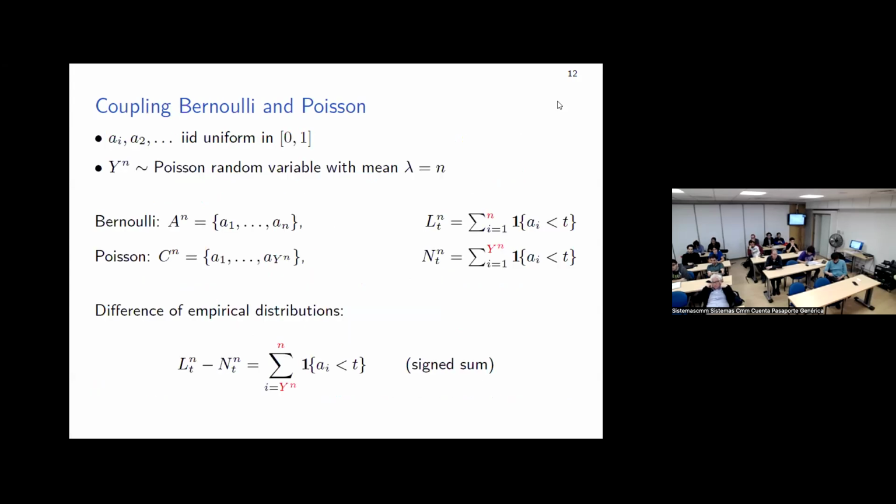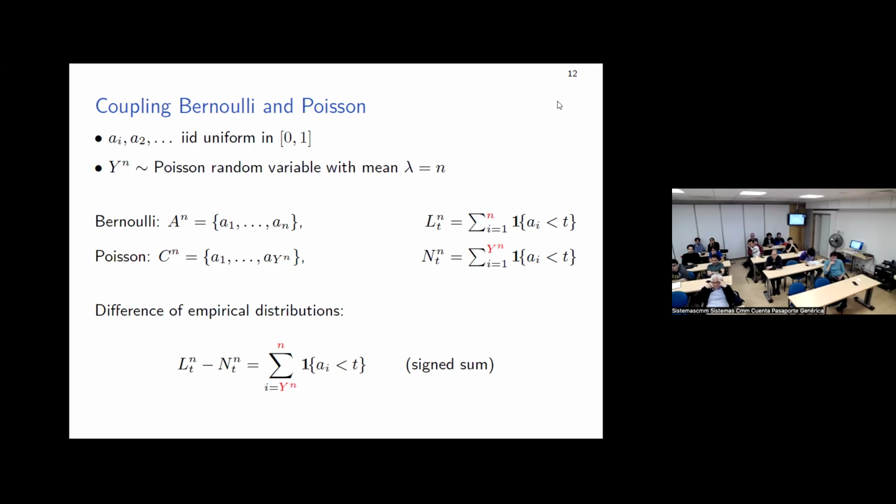Okay, now you have this automatic coupling between Bernoulli and Poisson. You have your A_i independent uniform random variables. Y_n is Poisson with mean lambda. Bernoulli goes from A_1 to A_N, Poisson goes from A_1 to A_{Y_N}.